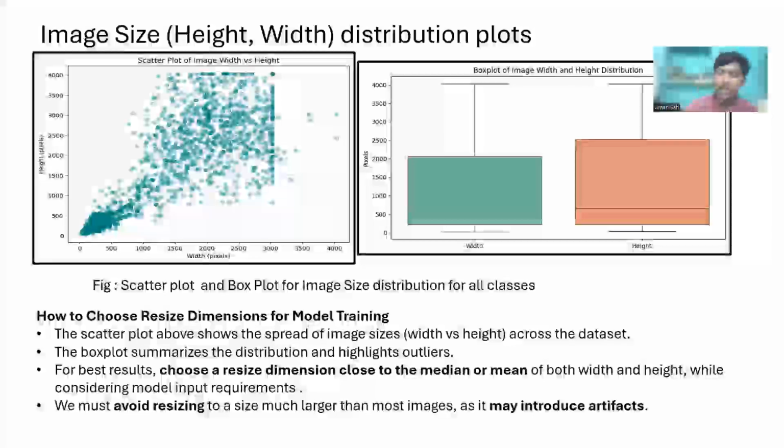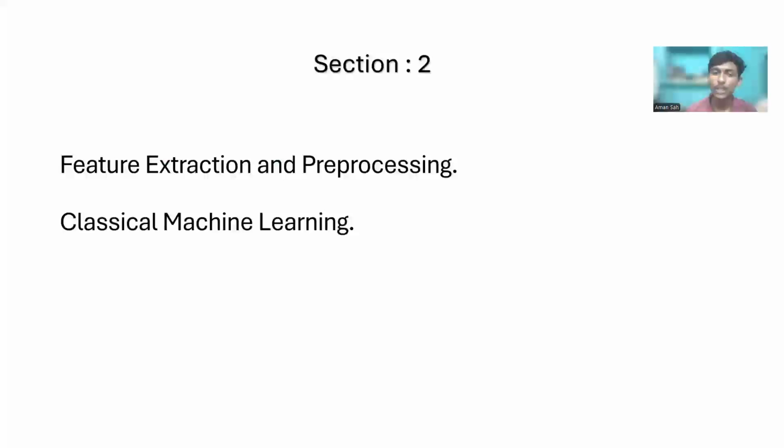In section 2, since the classical machine learning approach needs feature vectors, we will see how to extract these features, pre-process them, feed them to classical machine learning models, get the results, do validation, and get the metrics. In section 2, we are going to discuss all of this.